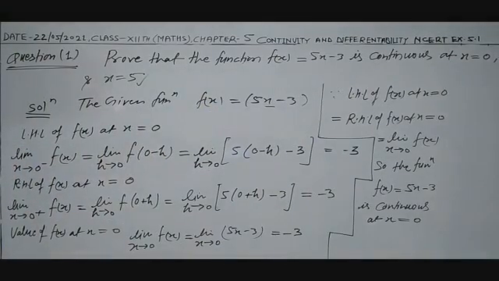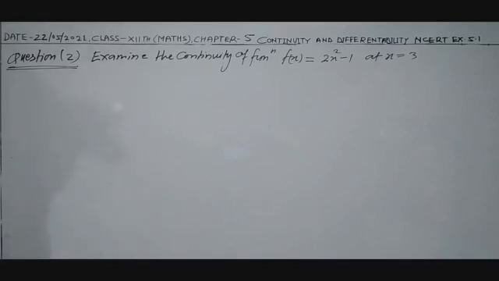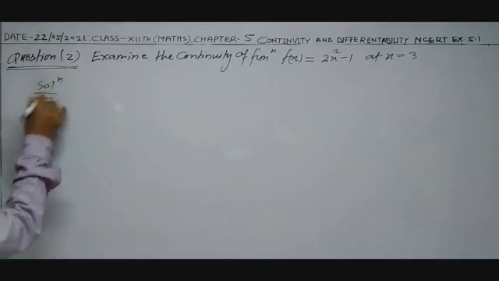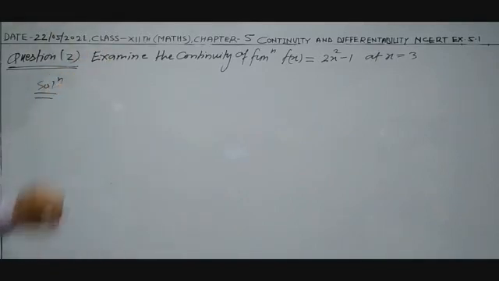Now come to question number 2. Question number 2 is: examine the continuity of the function at x is equal to 3. Similar process is here. First of all, I will check the continuity at x is equal to 3, left hand limit of the function.